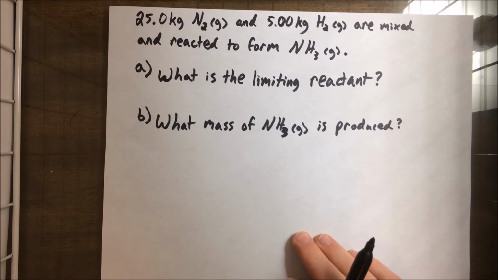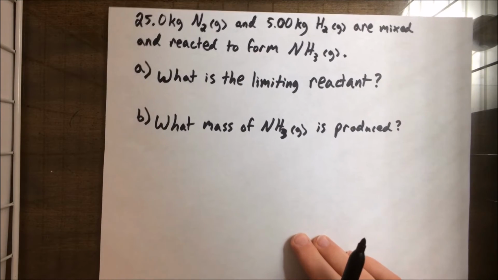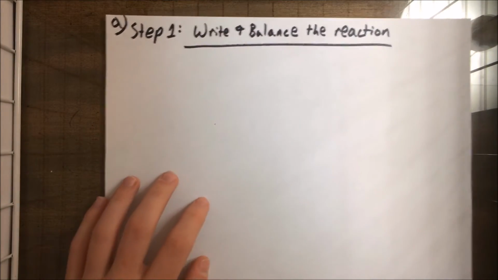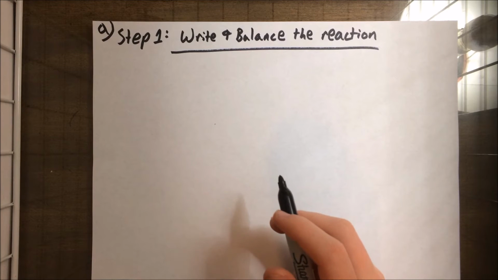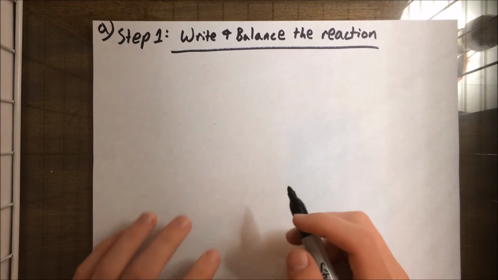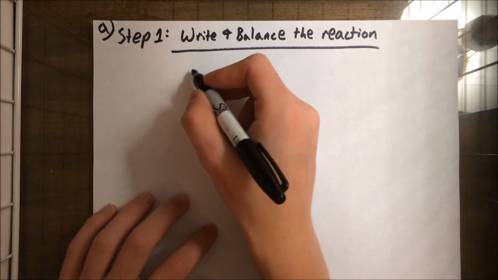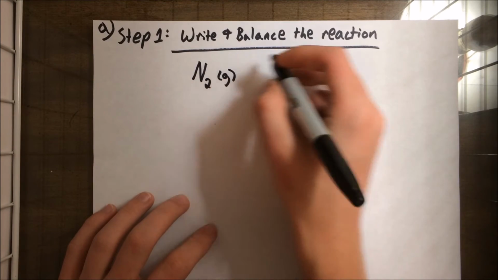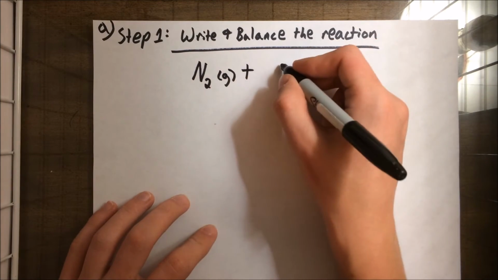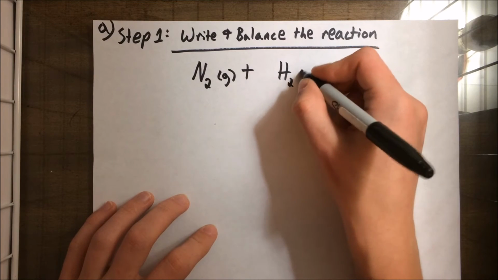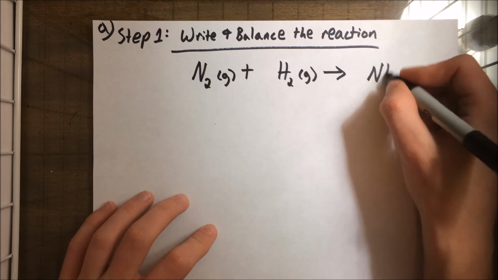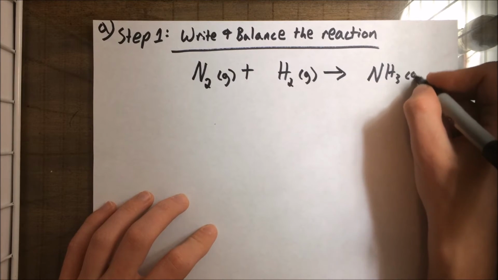So step 1 for part A is to write and balance the reaction. So we're going to have N2 gas plus H2 gas goes to NH3 gas.